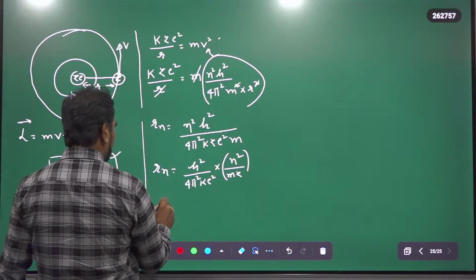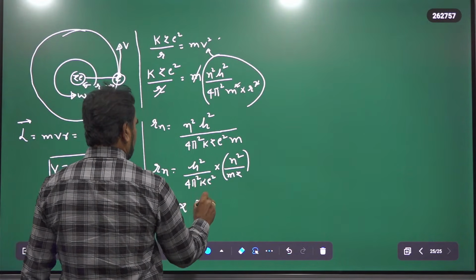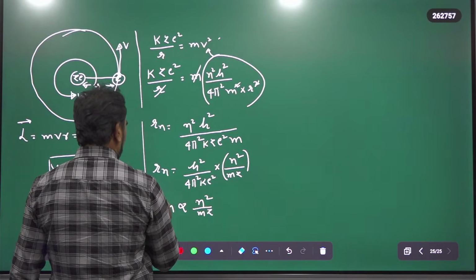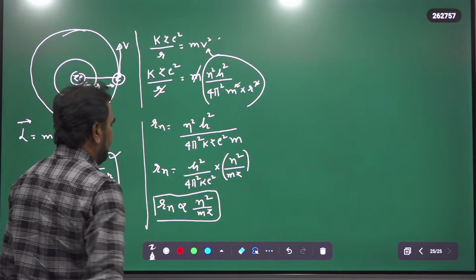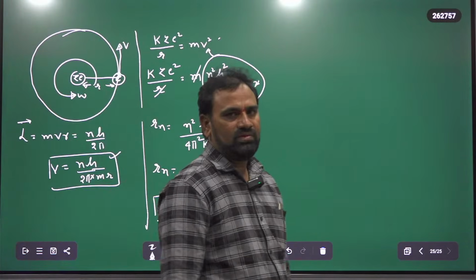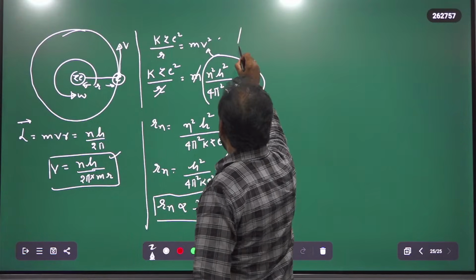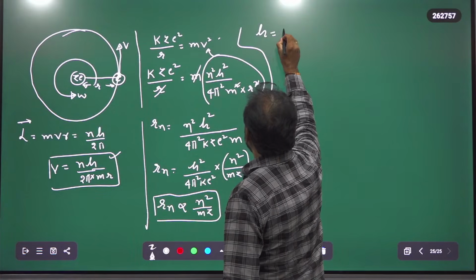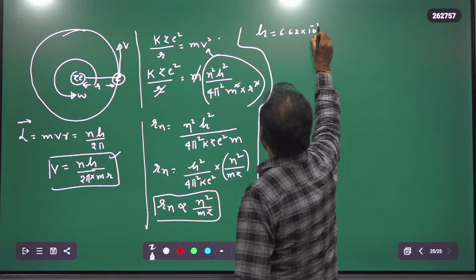So from this, Rn is directly proportional to n square upon mZ, where h square by 4 pi square k e square is a constant. But the h value we also already know. What is the value of h? h is equal to 6.62 into 10 to the power of minus 34.